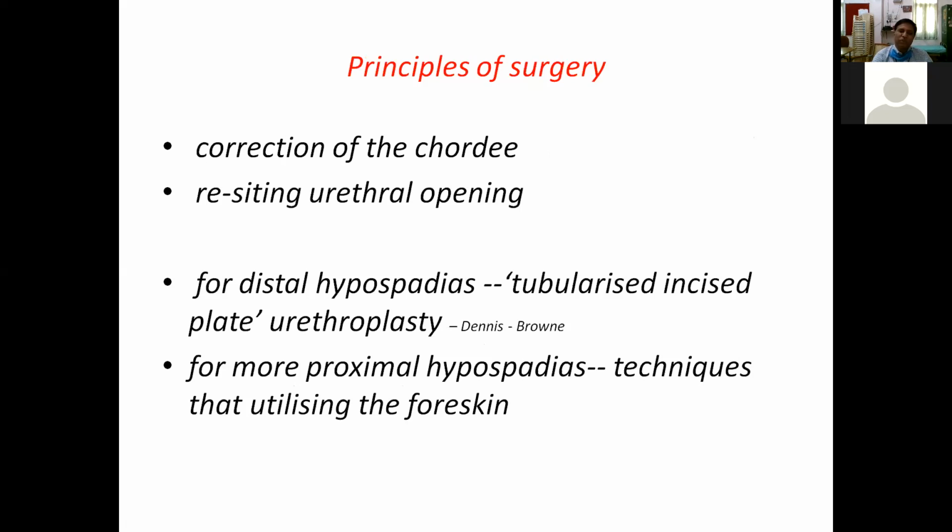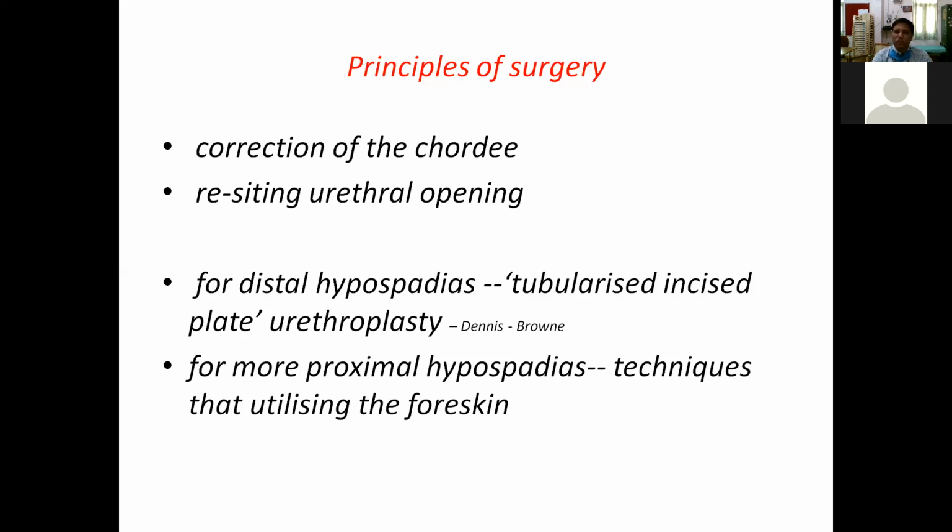So if you see the hypospadias, the opening will be proximally placed, away from the tip of the glans where the external opening normally should be. This intervening part has a fibrous cord which is bending the shaft of the penis.